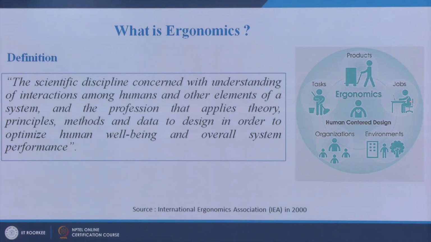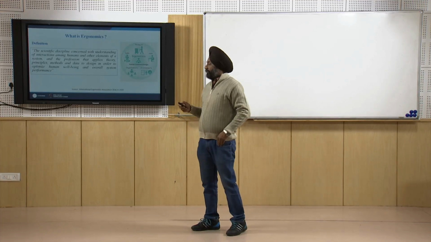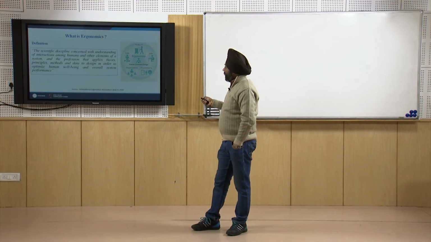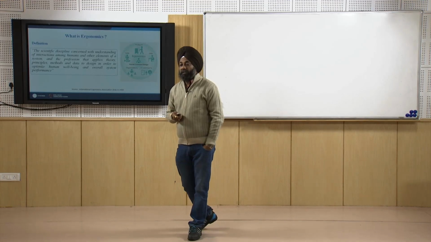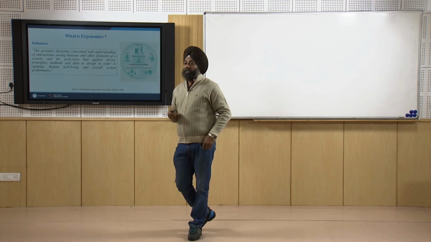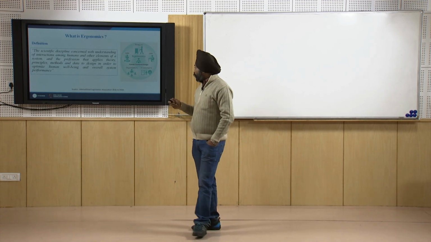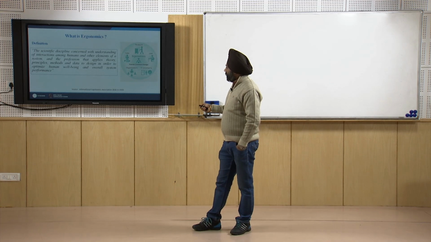A person is sitting on a chair and interacting with his system or a laptop. So this complete system, person, chair, table, laptop, all this will comprise of one system in which a human is interacting with the work center or the workspace, and in order to get maximum output from the human being as well as from the system, we should use the concept of ergonomics so that the overall productivity of the organization improves. Similarly, there are other examples also.